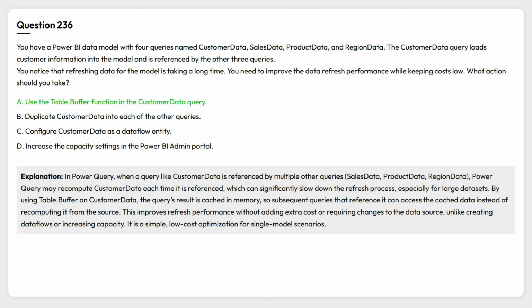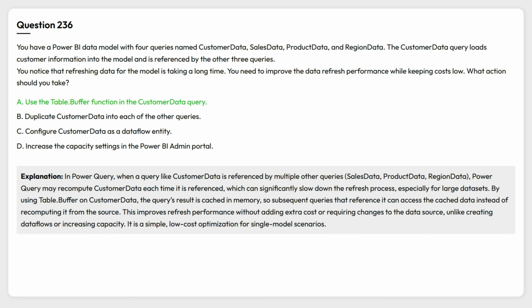In Power Query, when a query like customer data is referenced by multiple other queries, sales data, product data, region data, Power Query may recompute customer data each time it is referenced, which can significantly slow down the refresh process, especially for large datasets.